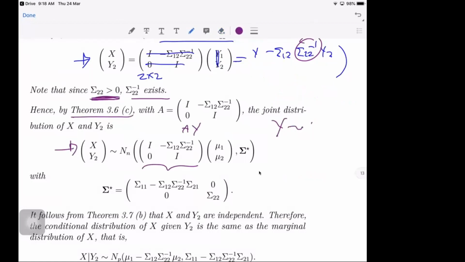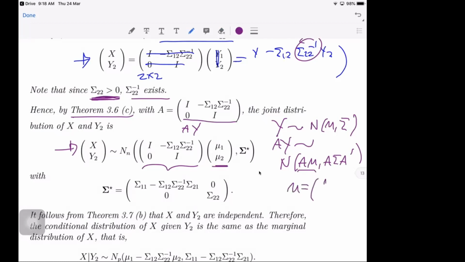Your mu here is mu1, mu2, and your sigma star will be a sigma a prime.